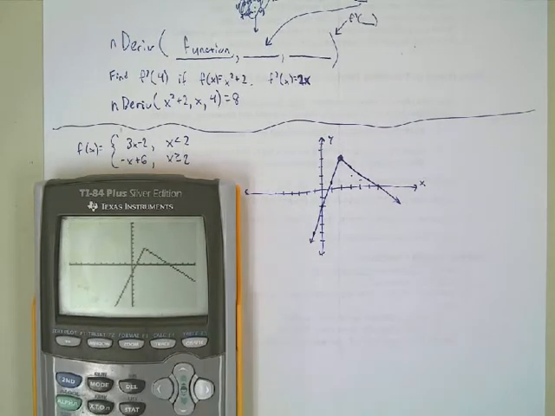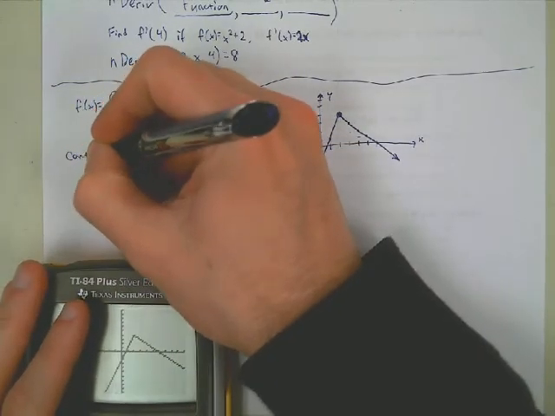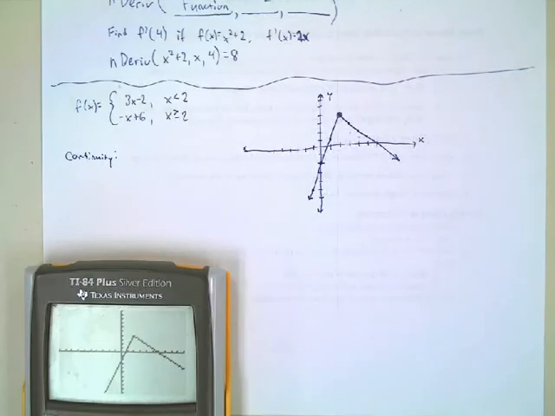So, knowing what we know about piecewise functions and continuity, is this piecewise function ever discontinuous? No. So negative infinity to infinity.